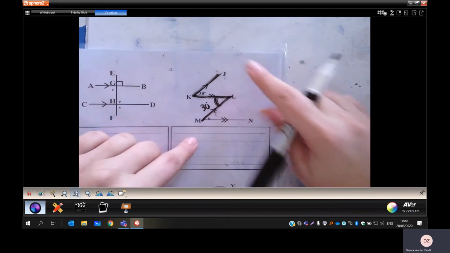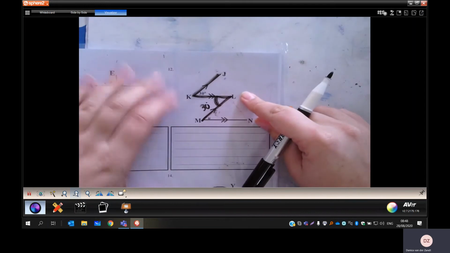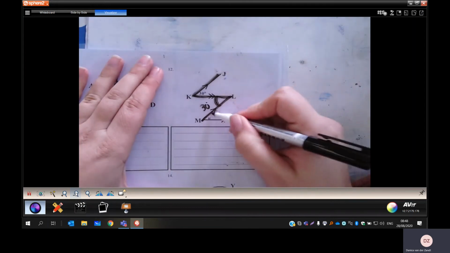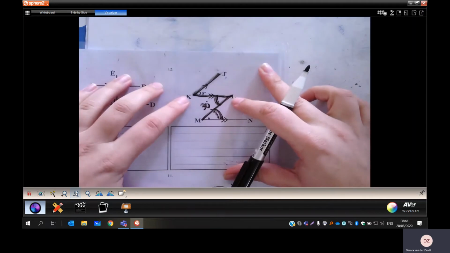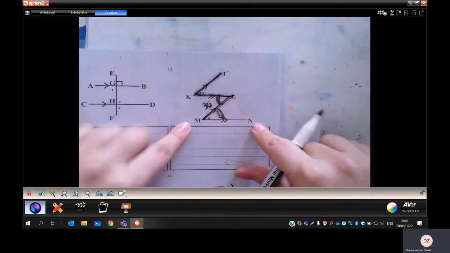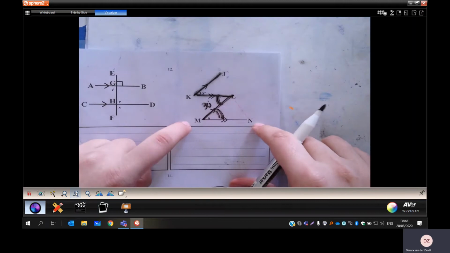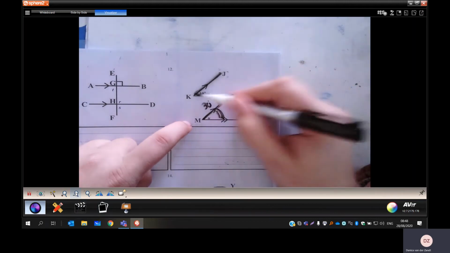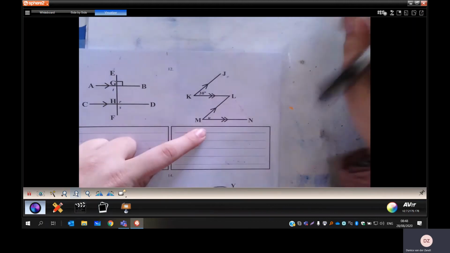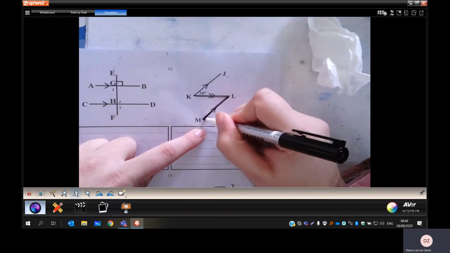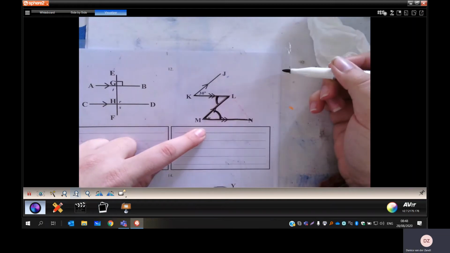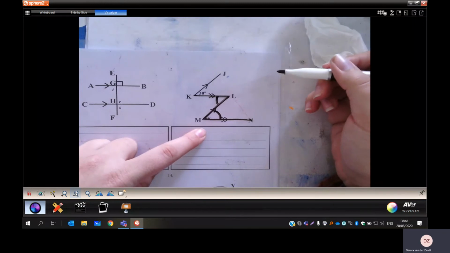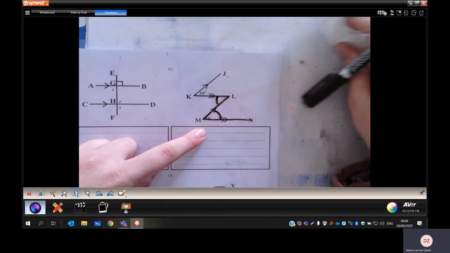KJ and ML, LM. After that, I can also say that U is equal to 30 degrees because KL is parallel to MN, and that is my alternate angles. So there's an alternate, and here's an alternate. What is very tricky there is mentioning the correct parallel lines.